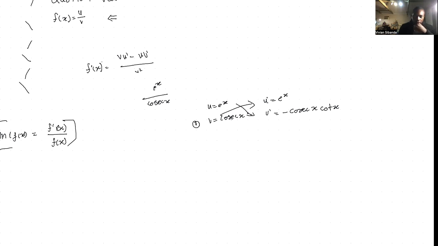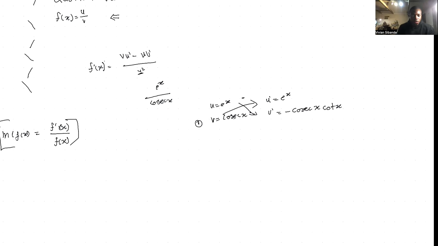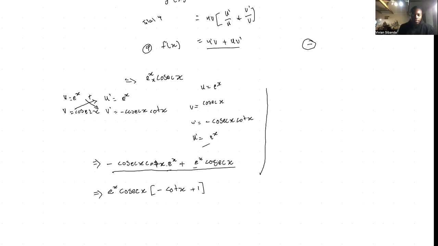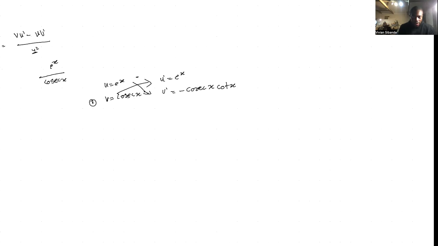So you start with the denominator times the numerator, and then you subtract them instead of adding. Remember, before you added. Here you minus them. You start here, you go down, up. So it will be cosec or e to the power of x. That's the most terrible e I've ever written in my whole life.